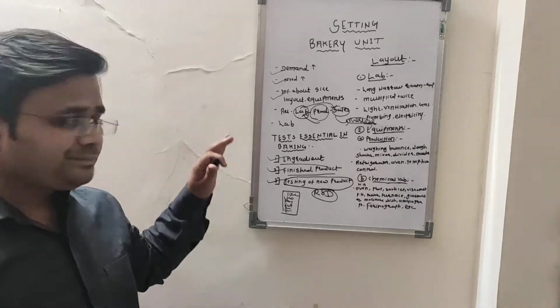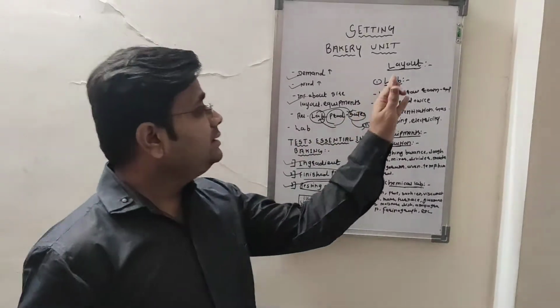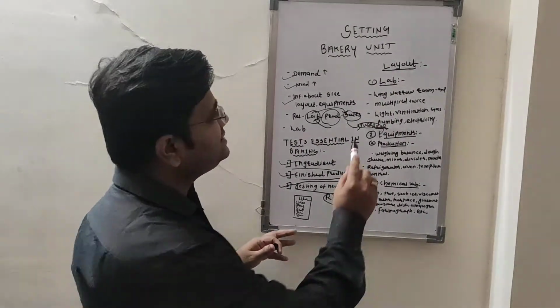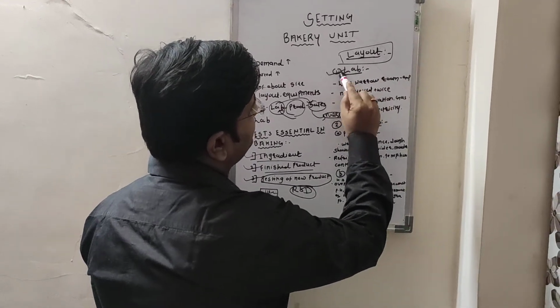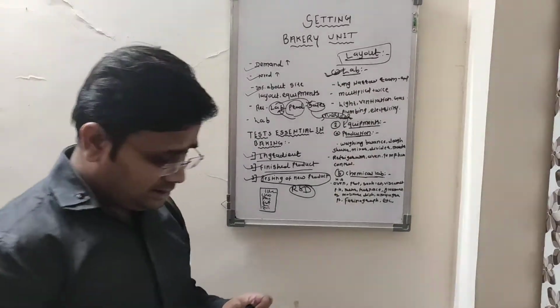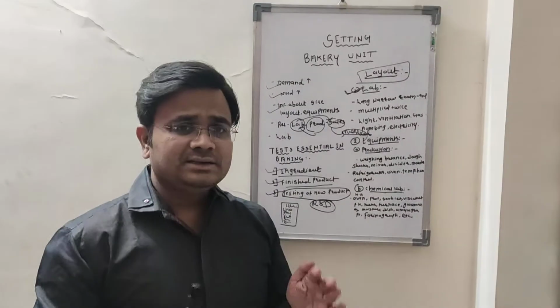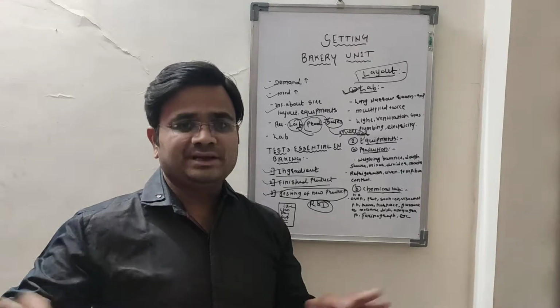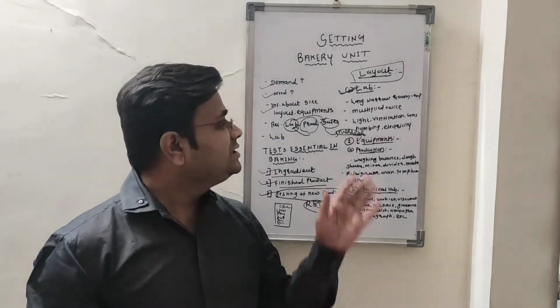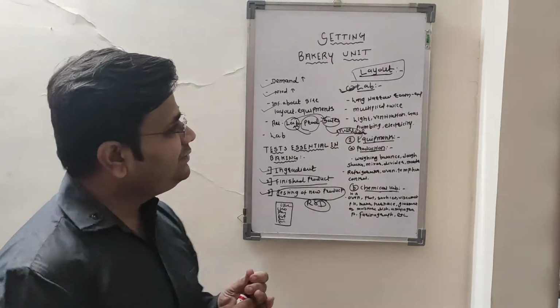Now the thing comes to the layout. The layout is again a very important task. When you are talking about the lab, the lab should be a single room which is narrow and easy for expansion. Why is it easy for expansion?